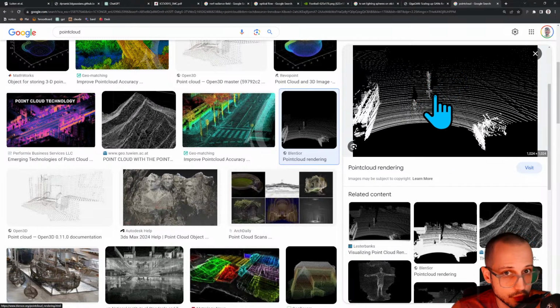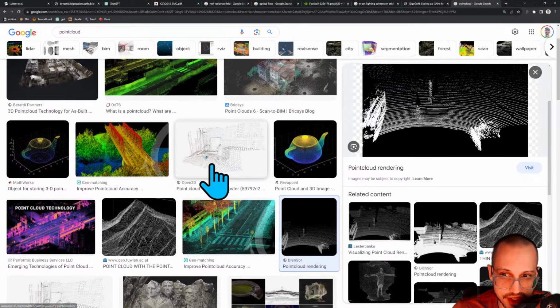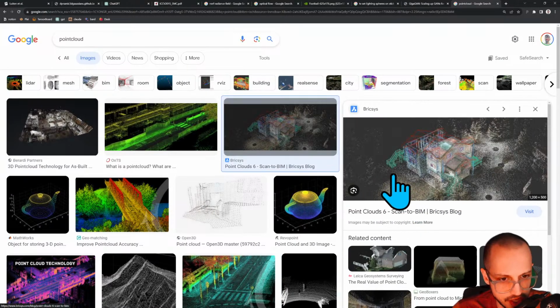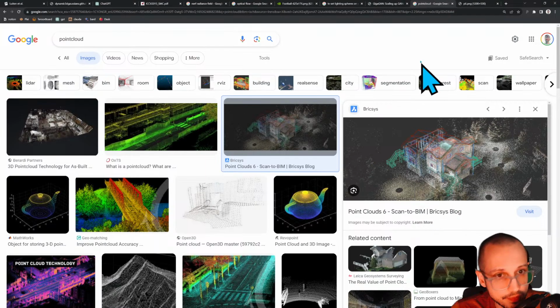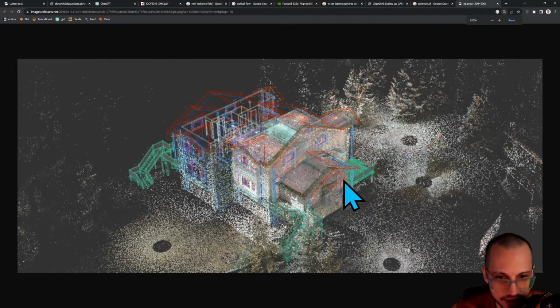So that lets you know where the sensor was. So anytime you see these circles in point clouds, that's just telling you where the sensor was. So here in this picture of a house, it seems like they probably set up a little laser scanner here, and then they took a bunch of points, and then they set one up here, and then here, and then here. So you can basically tell where the scanners were when they took this point cloud.